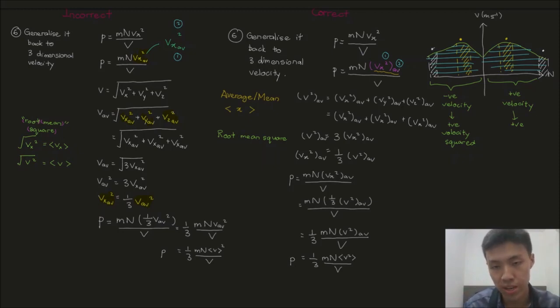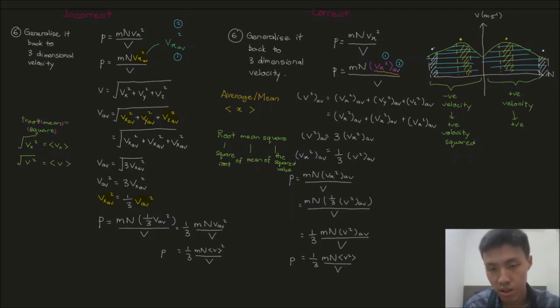Root means square root. So it is the square root of the mean of the squared value. You square root the mean of the squared value.